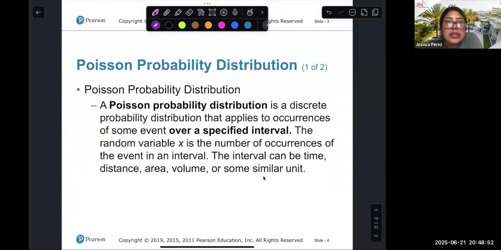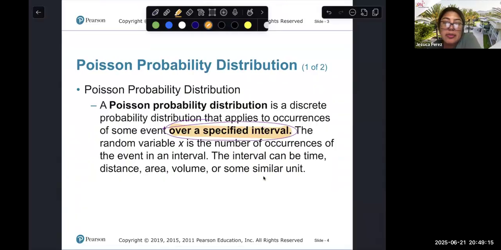The only difference is that it applies to occurrences of some event over a specific interval. That's the difference between a probability distribution and Poisson's probability distribution. Poisson's is very specific over an interval.